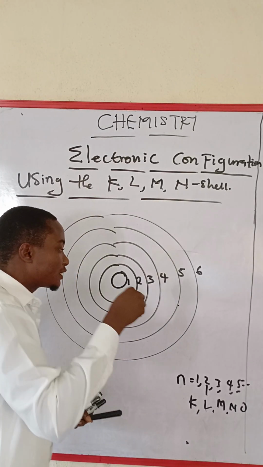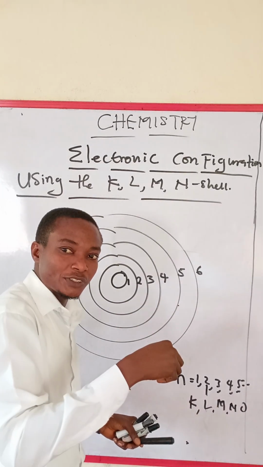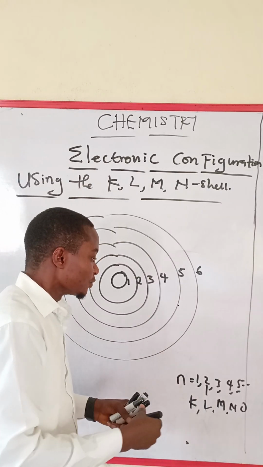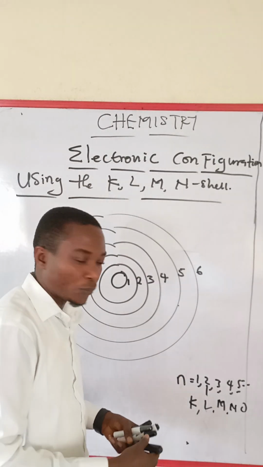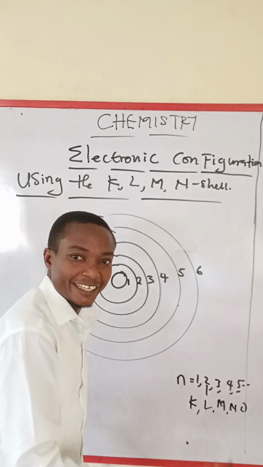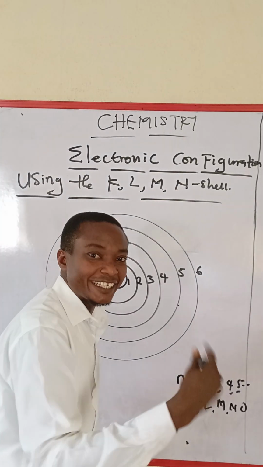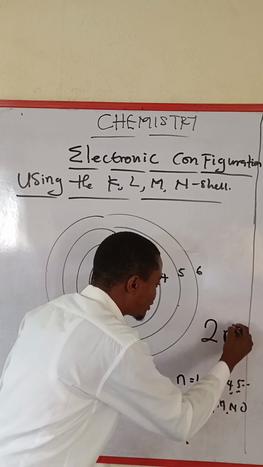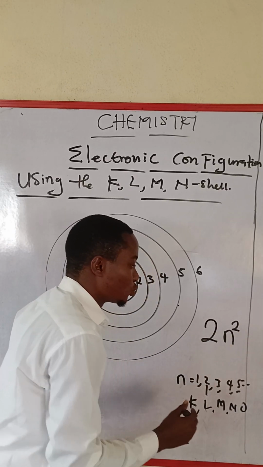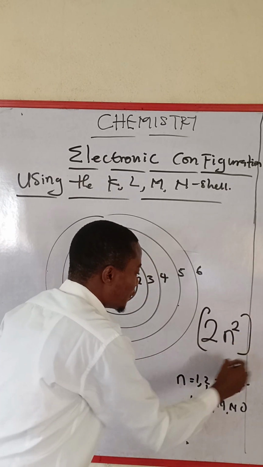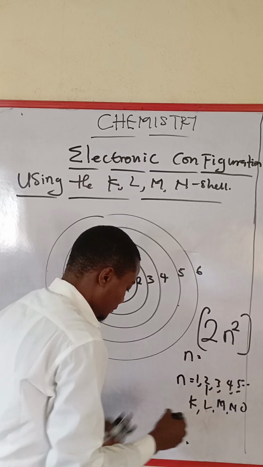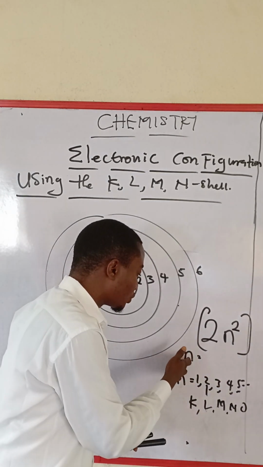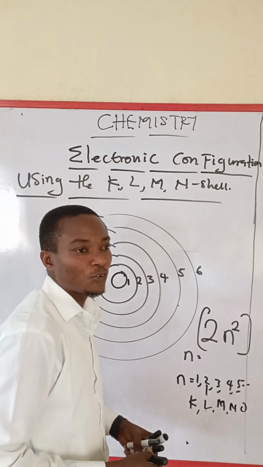Now, what are the possible numbers of electrons that can occupy each energy level or each shell? This was also given by Niels Bohr in the year 1913, if I'm not mistaken, where he gave the formula 2n squared, where n is the principal quantum number or the energy level of the atom.